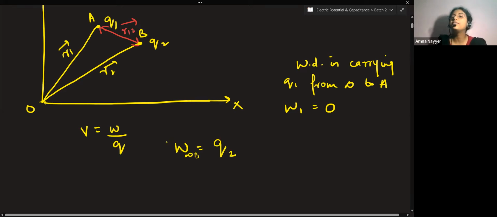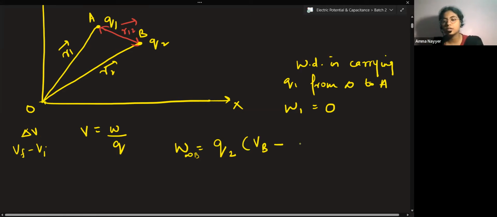Now potential difference is what? Whenever I say potential difference or any difference, it means final minus initial. So final potential is at point B, VB, minus initial potential at infinity, V infinity.